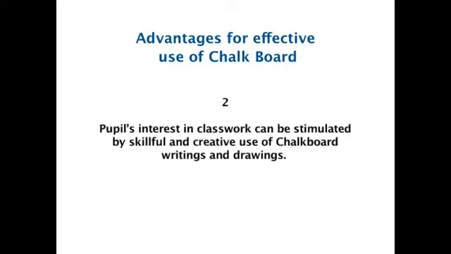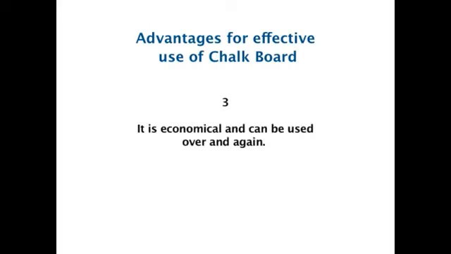Number two, pupil interest in classwork can be stimulated by skillful and creative use of chalkboard writings and drawings. Number three, it is economical and can be used over and again.